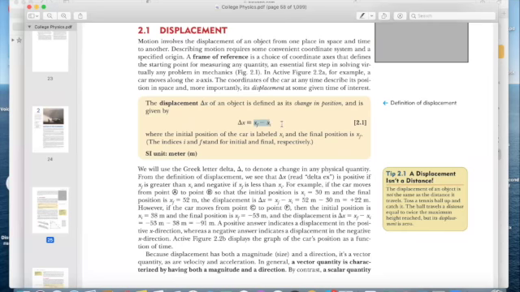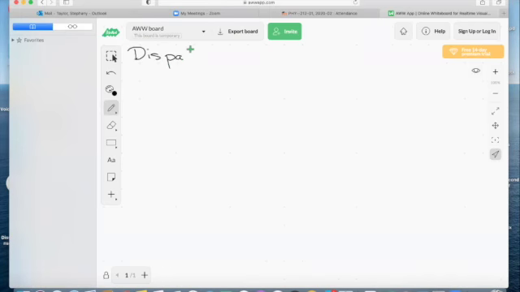Right, and our distance is just a form of length between 2 points. Right, so again, that is measured in meters. All right, so sometimes you'll see displacement as d. Most times you'll see it as delta x.